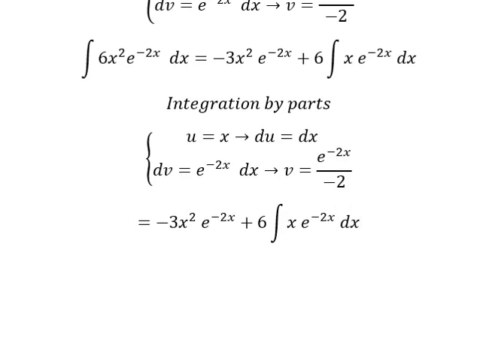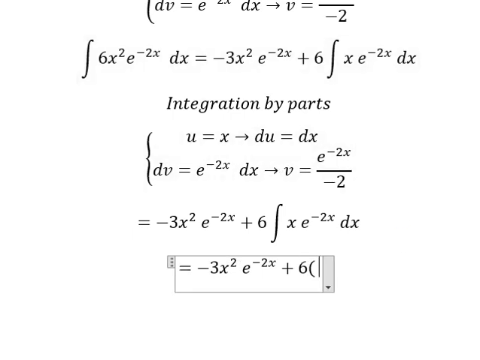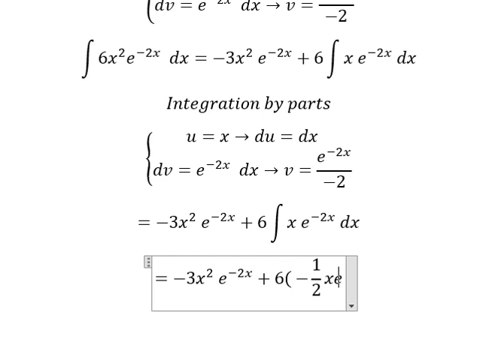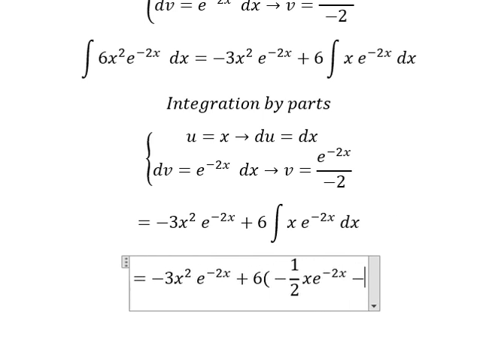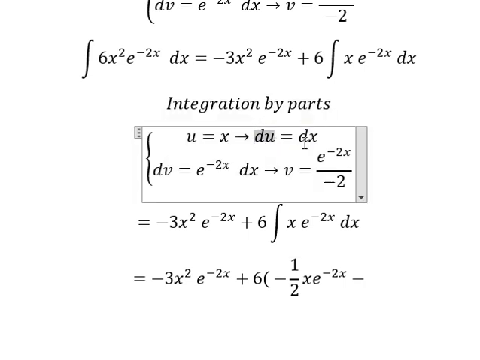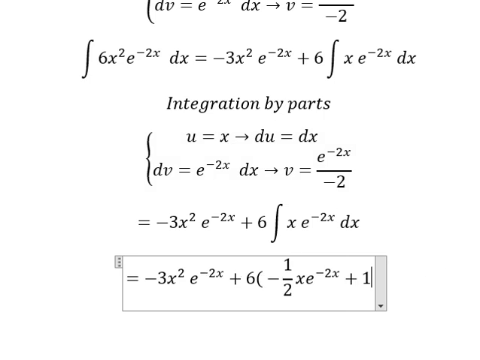So this one we have u multiplied by v. Minus, we have the u multiplied by v. So negative with negative, we have positive.